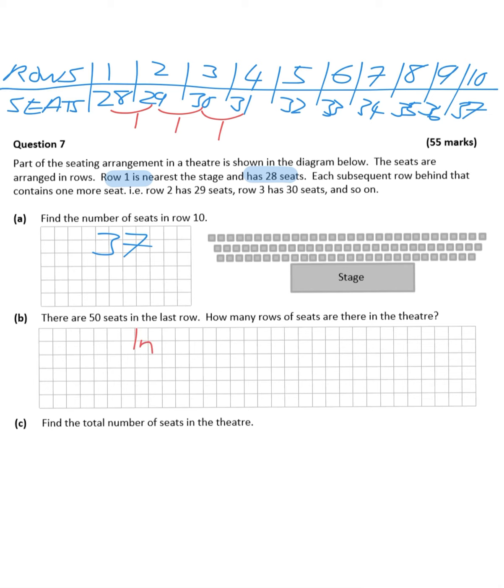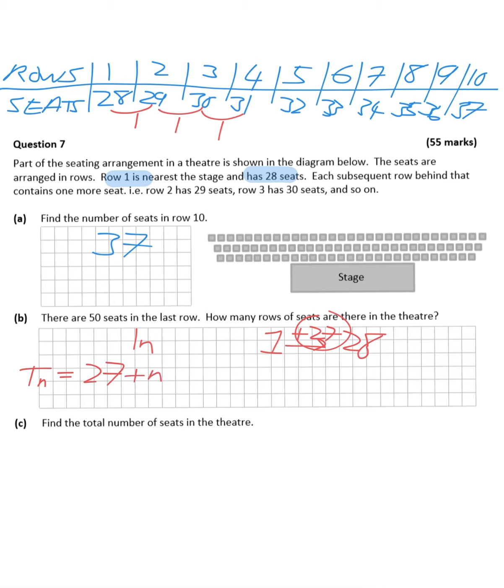Then to get from our difference, 1, to the first term, which is 28, that is plus 27. So our general term is Tn equals 27 plus n.